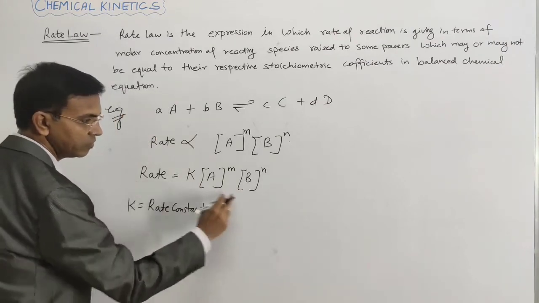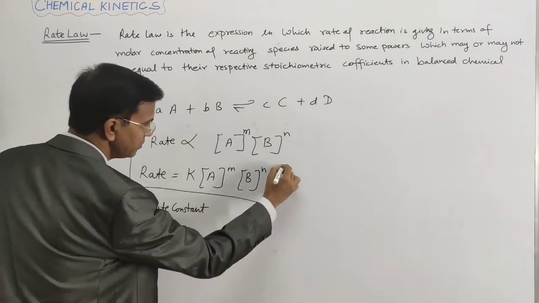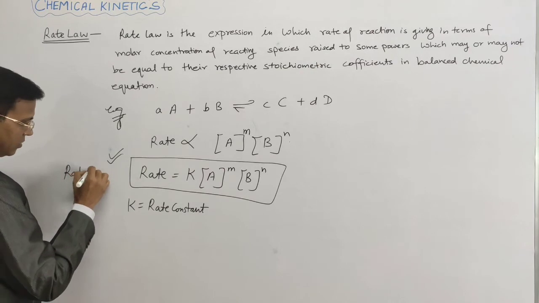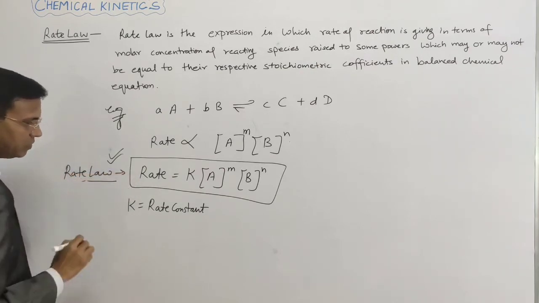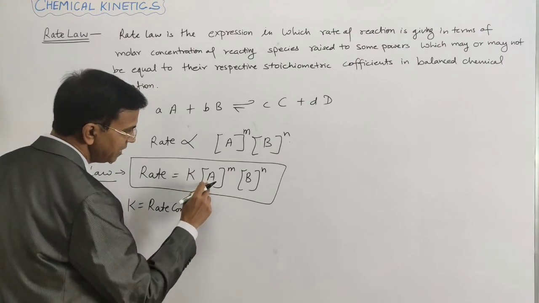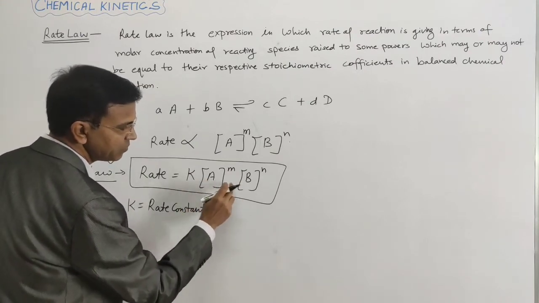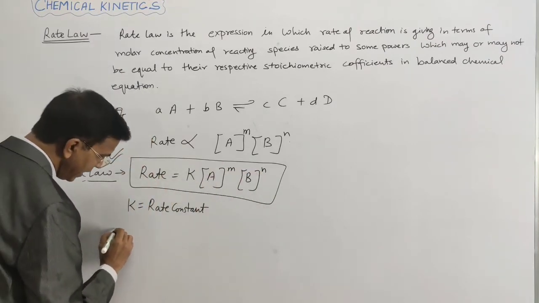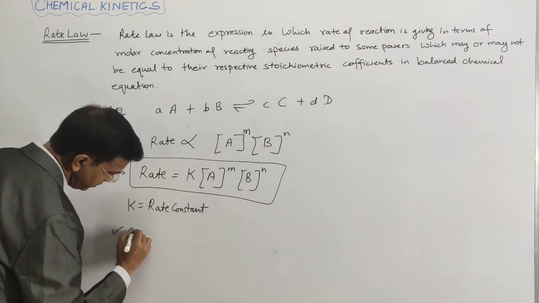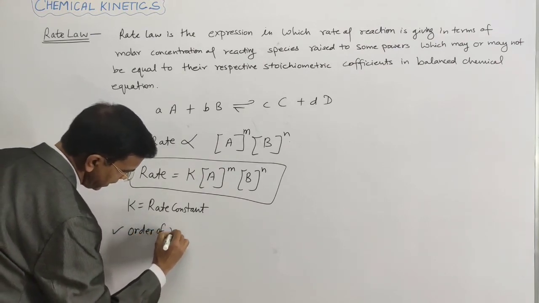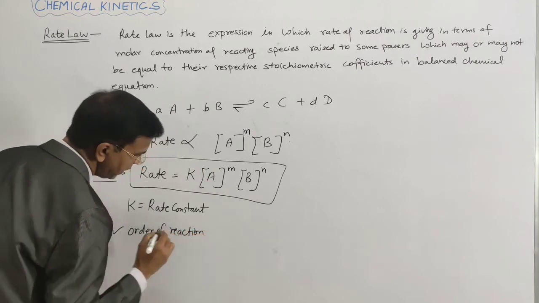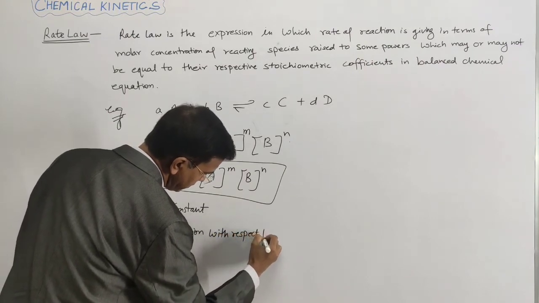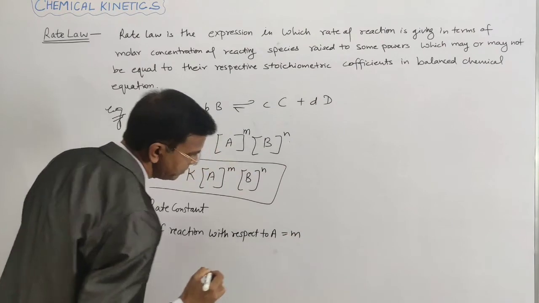This is the rate law, right? Now k is the rate constant, and here are the molar concentrations of the reacting species, and these are the powers raised. So m and n give the order of reaction. First, the order of reaction with respect to A is equal to m.